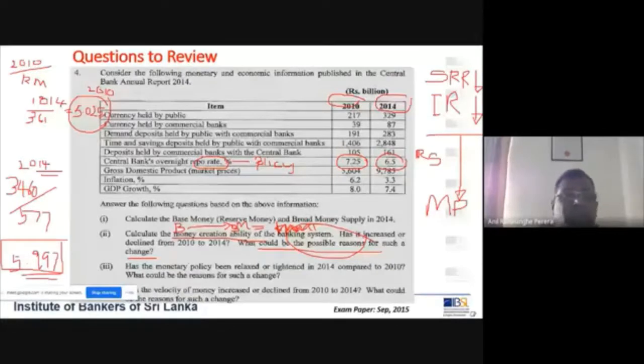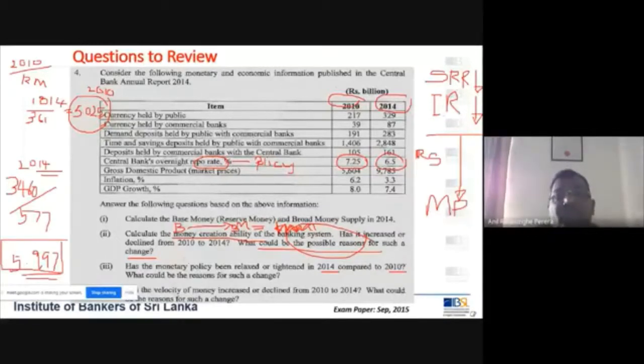I think this next question is also very much related to the same. The question asks, has the monetary policy been relaxed or tightened in 2014 compared to 2010? What do you say? Monetary policy has been relaxed, isn't it?